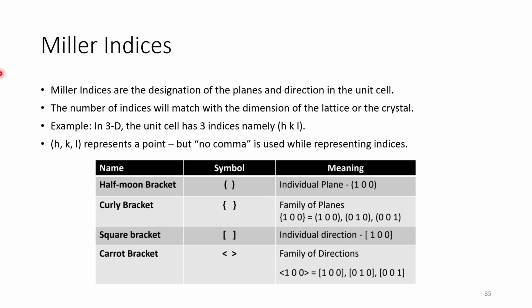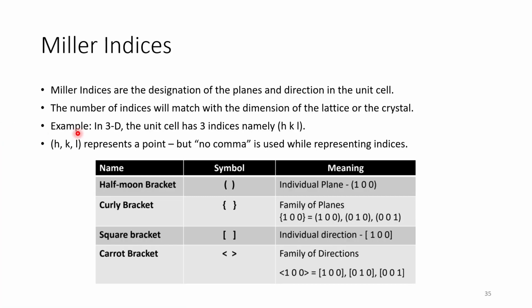Next is Miller indices. This will be used in identifying slip planes. So for understanding those, you need to understand how you use symbols for these planes. Miller indices are designation of the planes and directions in the unit cell, and the number of indices will match with the dimension of the lattice or the crystal.